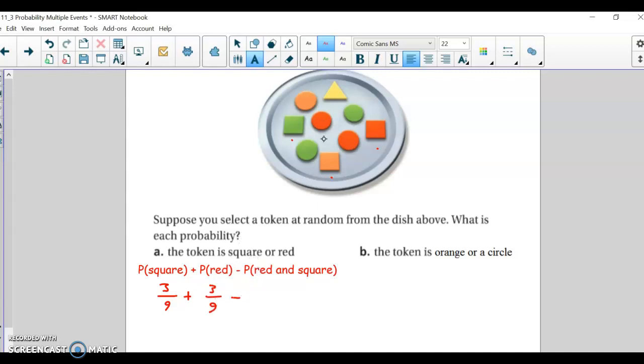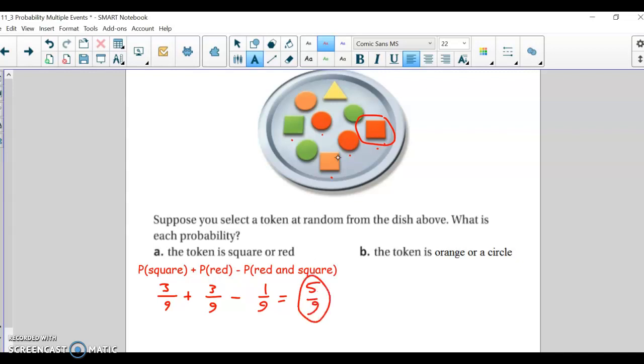If I mark these red ones, what happened is this one got counted twice because it's both a red and a square. So we have to minus off that overlap. That last thing I oftentimes call the overlap. So the chances you get a red or a square would be 6 minus 1, so 5 out of 9.